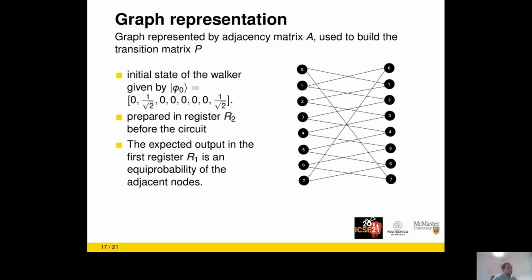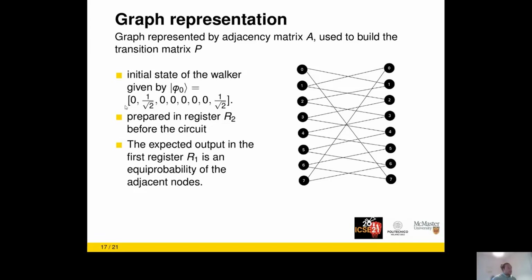The graph representation in Szegedy Quantum Walk is done by an adjacency matrix A that is then used to build the transition matrix P, that is the matrix representing the transition probability from a node to its neighbors. The initial state of the walker is given by phi of 0, that is equal in this case to this vector.